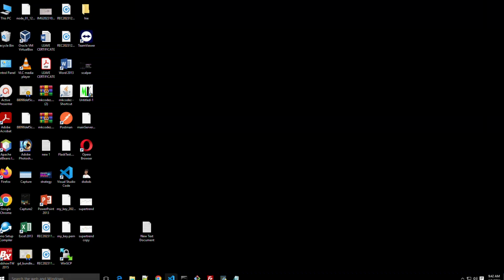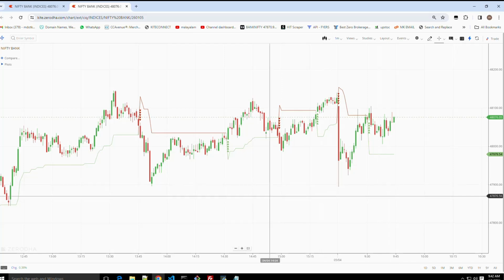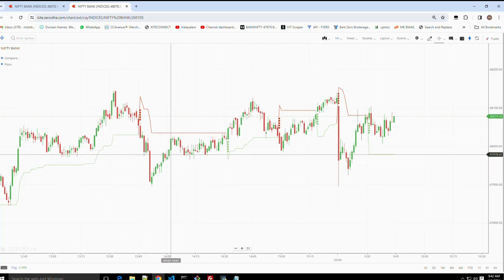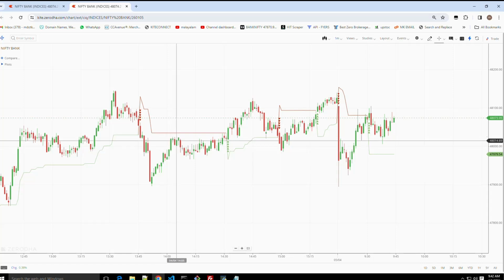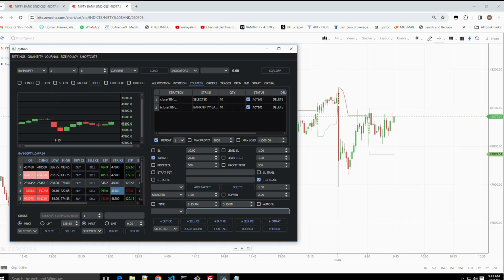Okay, for the put, our put strategies. Our previous candle should be below the super trend. First select a strike.